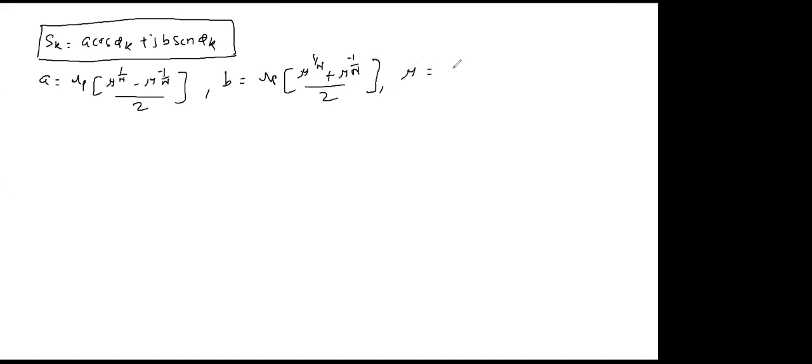Mu is also known to you: mu equals the inverse of epsilon plus the square root of epsilon to the power minus 2 plus 1. And phi k is also known to you: phi k is pi by 2 plus (2k minus 1) pi by 2n, for k equals 1 to n. Now it is easy. This Sk is the pole, and you can find the poles using the values a, b and phi k.